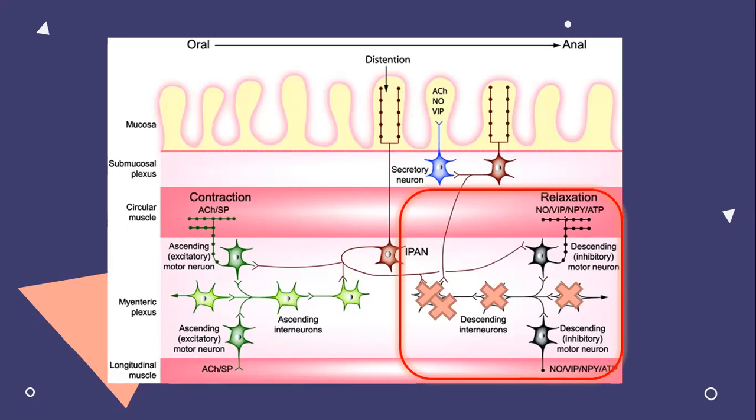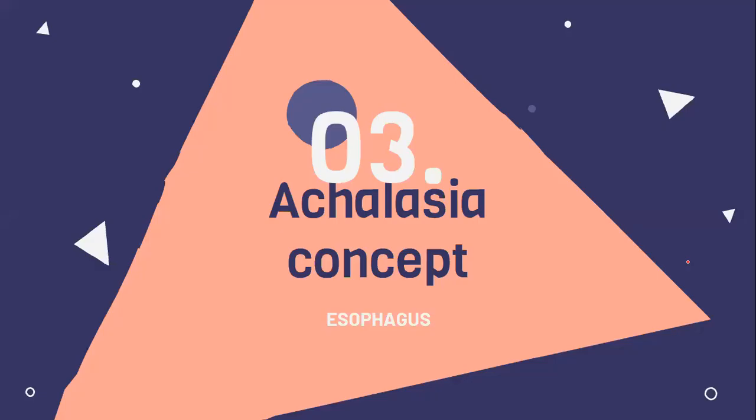So these both molecules make the lower esophageal sphincter relax, so the food can go to the stomach, right? So in achalasia, these interneurons get destroyed, and there is no cell that can produce these both molecules. So the lower esophageal sphincter never relaxes. So food gets stuck in the esophagus. So what is actually achalasia?